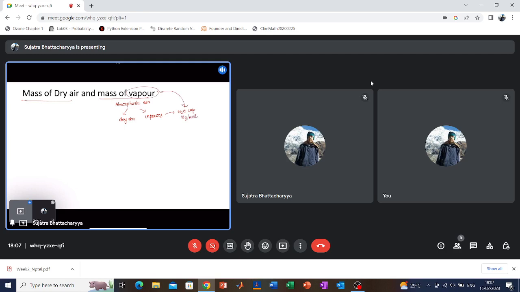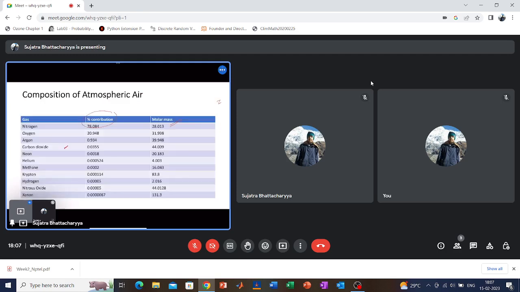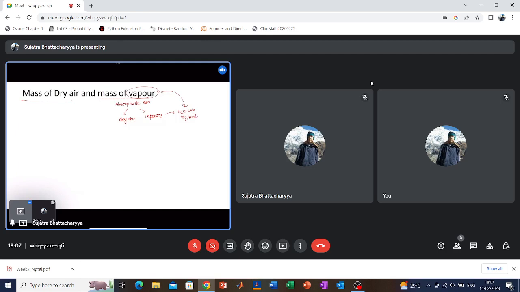But the mass of the dry air should be calculated using all these gases, their percentage contributions and molar masses. So how do we calculate the mass of the dry air? Let us consider the mass of the dry air as md, and this is mv, the mass of the vapor.